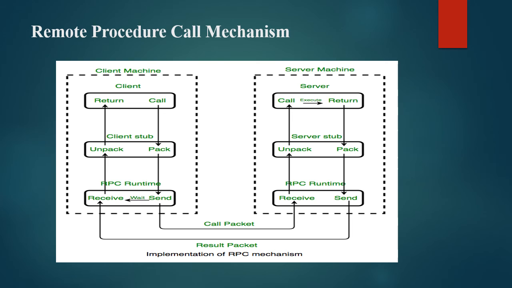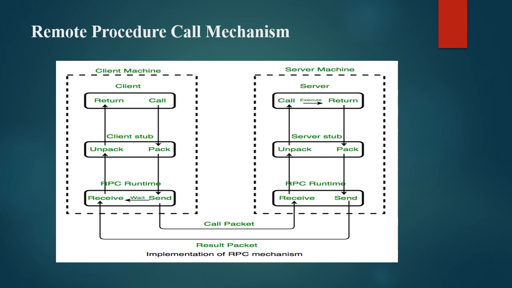The client-side RPC runtime sends it to the RPC runtime on the server machine, which receives the signal from the client and gives it to the server stub. The server stub unpacks this message, identifies what the client wants, and gives it to the server.